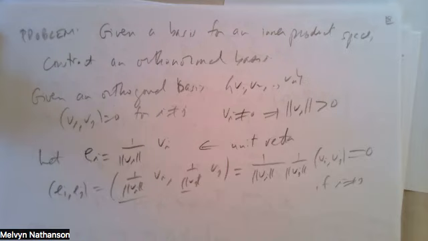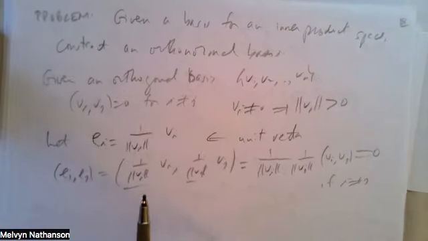So there is a nice way to construct an orthonormal basis from a basis, and it uses the following simple piece of geometry. Suppose we have the vector W, and we have another vector V. What I would like to do is decompose V as a sum of two pieces.